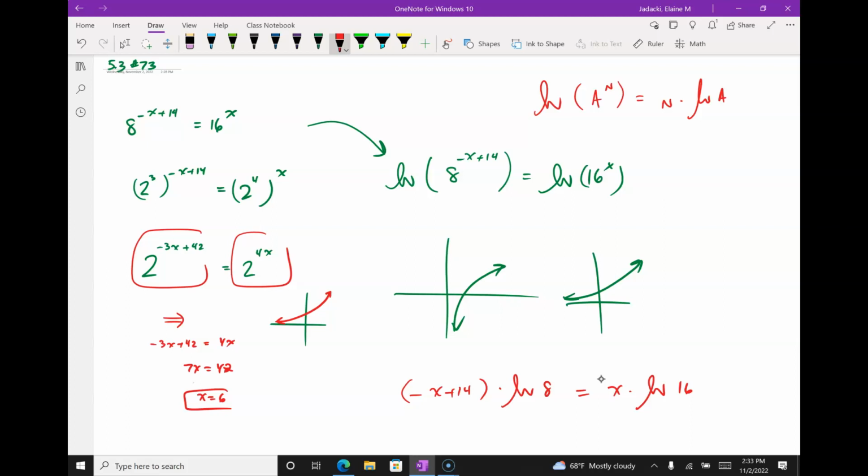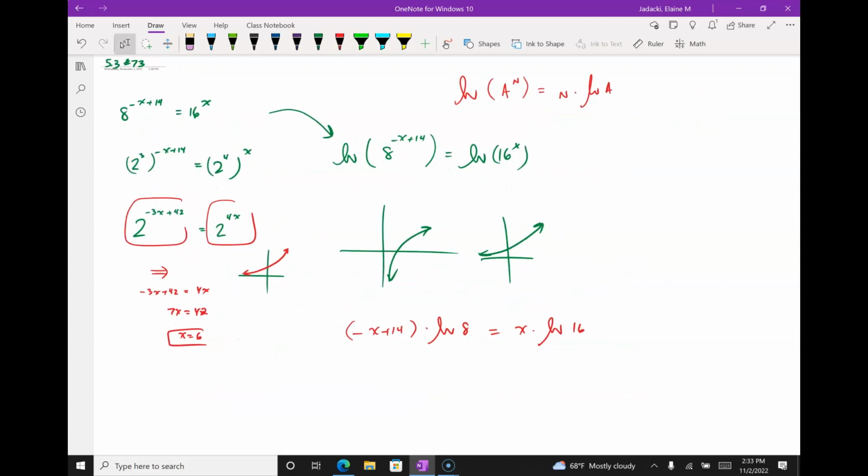Coefficients are multiplied, right? 5x squared is 5 times x squared, right? Good. What am I going to do now? I'm going to distribute. I get negative x times the ln of 8 plus 14 times the ln of 8 equals x ln of 16. Make sure we're okay with the distributing here.